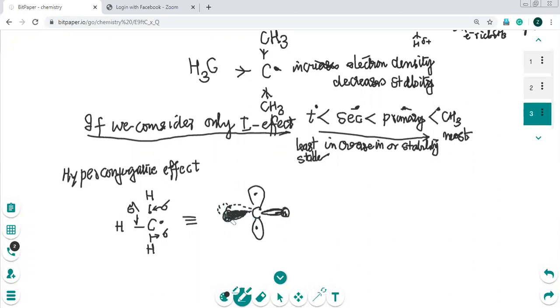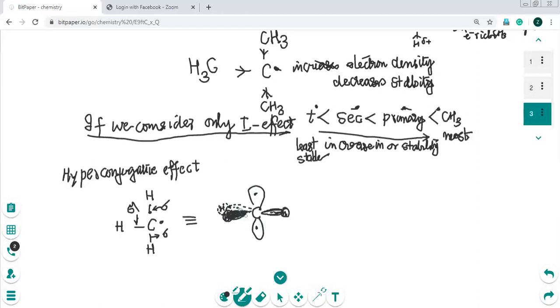I hope you get the picture. Right? So now you have 3 hydrogens here. Now we will consider just one. You have 2 electrons here. So this contains 2 electrons, this contains 2 electrons, and this also contains 2 electrons.